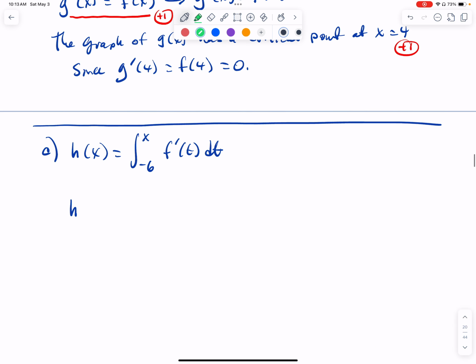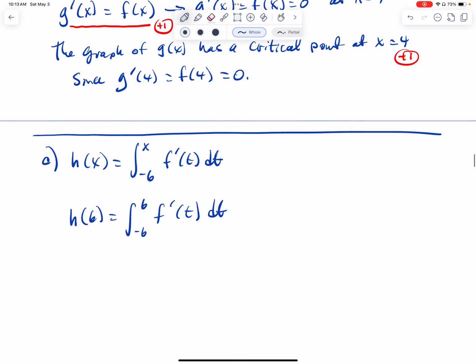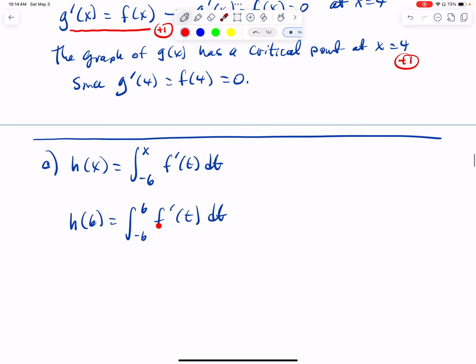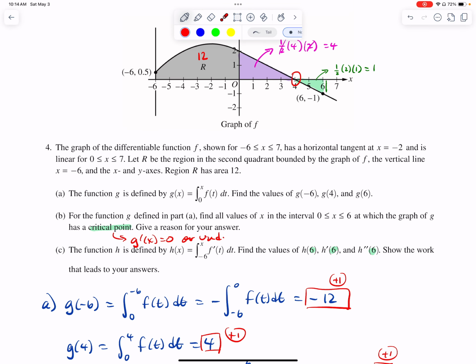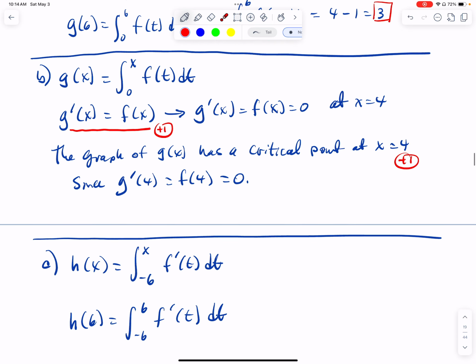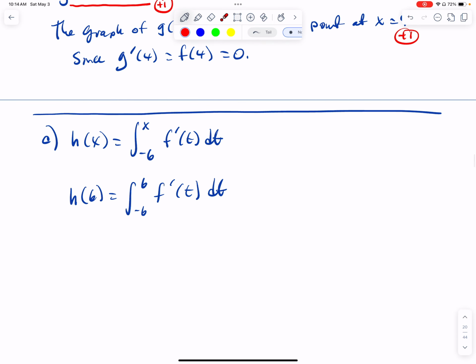H of 6 is equal to the definite integral from -6 to 6 of f prime of t dt. This is supposed to be area underneath this f prime curve, but unlike part A, I don't have a graph of this that I can compute the area of. So I have to tackle this a little bit differently.